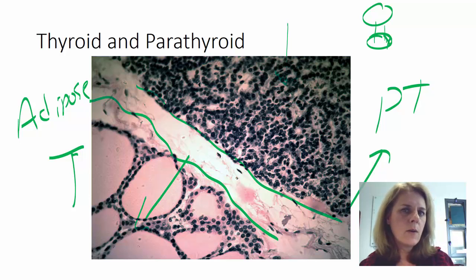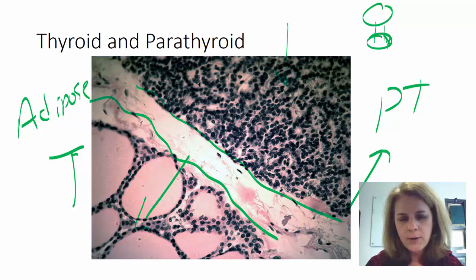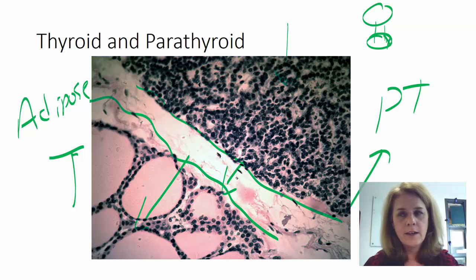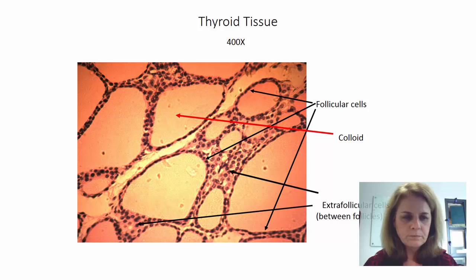I'm never going to ask you parathyroid unless you can see a little bit of thyroid, because parathyroid, being glandular, could literally be anything if you're not well trained. So I will always give you a hint. If I'm asking you parathyroid, I'll make sure there's a little bit of thyroid in the field of view as your landmark.